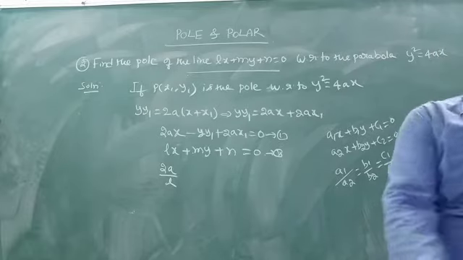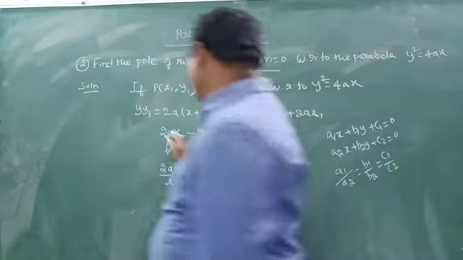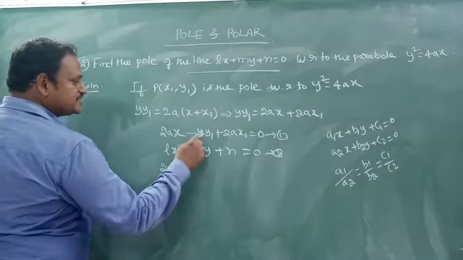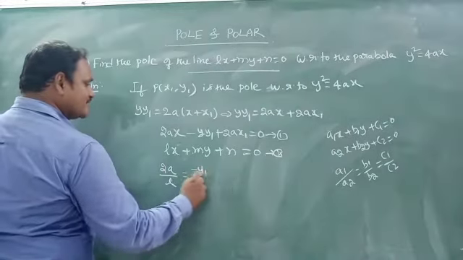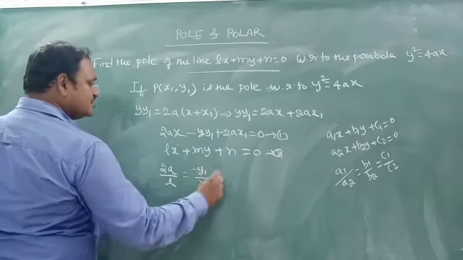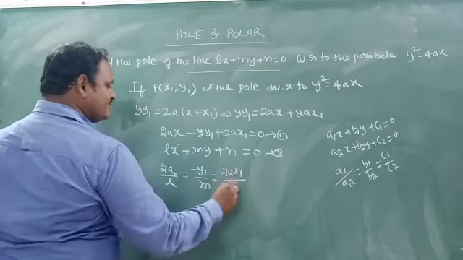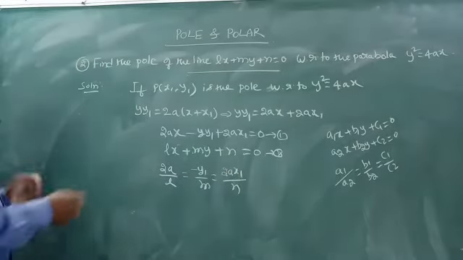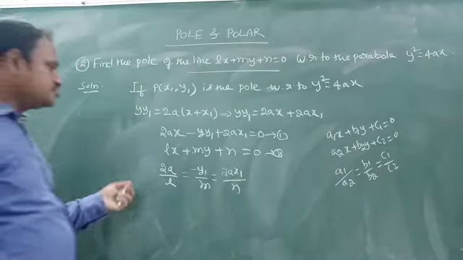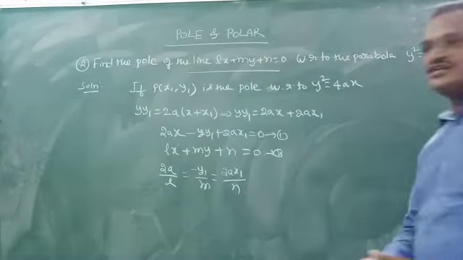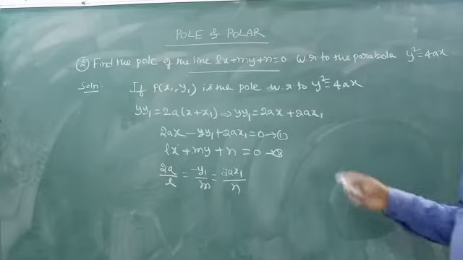Therefore, let us use the same concept here, my dear students. a1 by a2 means 2a by l, which is equal to minus y1 by m, which is equal to 2a x1 by n. Now let us solve these to get x1 comma y1, that is nothing but the pole.